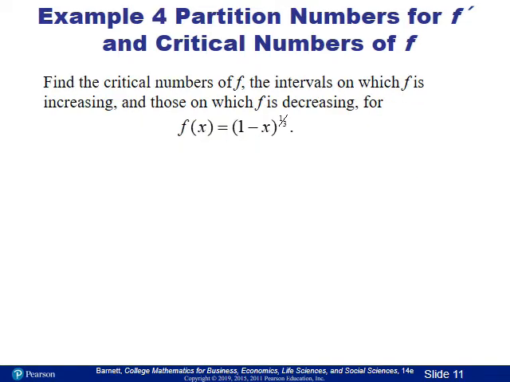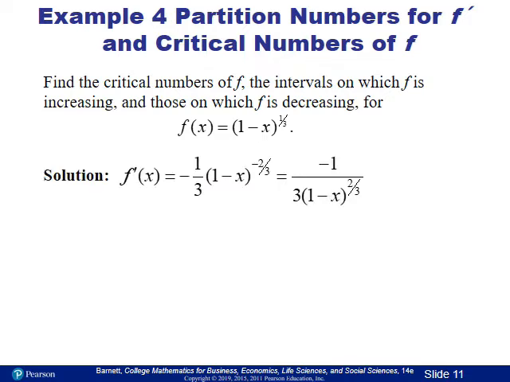This is a very important example to understand. We have said that we look for where f dash equals 0 or where f dash does not exist. Here we take its derivative, we get this expression. Now f dash of x does not exist if I substitute x equals 1. So x equals 1 is a partition number. Now we check whether x equals 1 is in the domain of f.